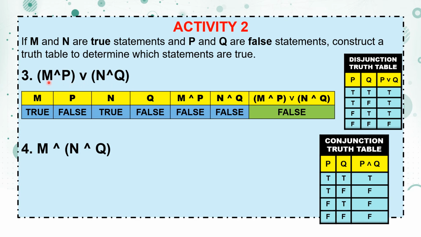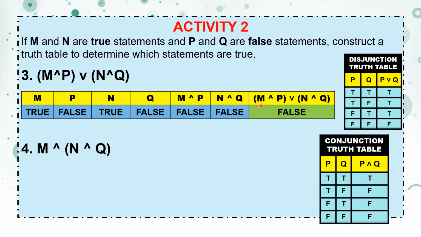Then, let's get now the truth value ng M and P or N and Q. Kunin na natin yung kabuuan. Since it is or, it is disjunction. So, dito natin kukunin yung ating truth value sa disjunction.